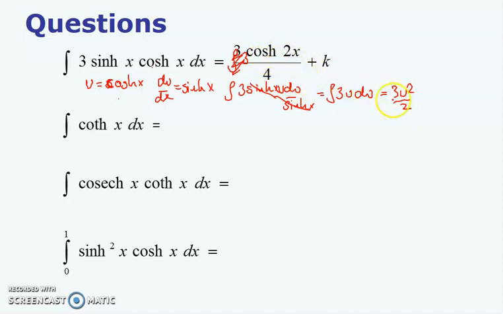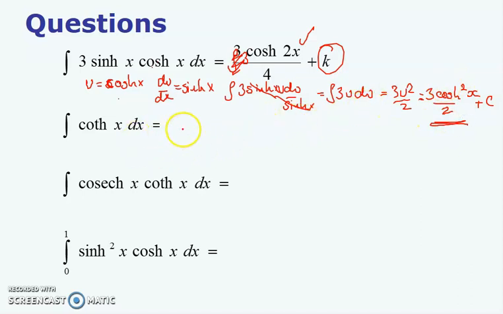Right, I've written it in a different way again. This gives me 3, and I'm going to write this as cosh squared x over 2. Now, that's the right answer, but this is an alternative way of doing it if you allow for a different constant. So there is a way to do that, but this way is just as good, so it's fine.